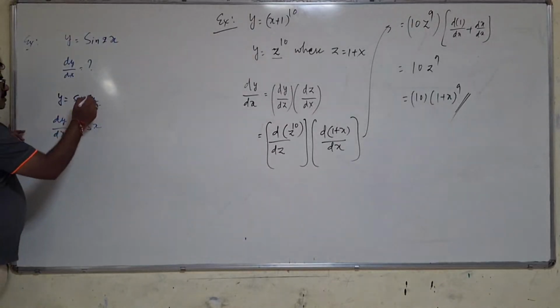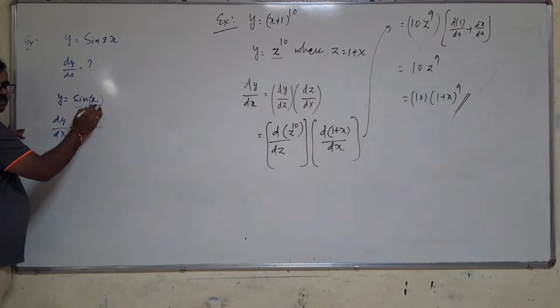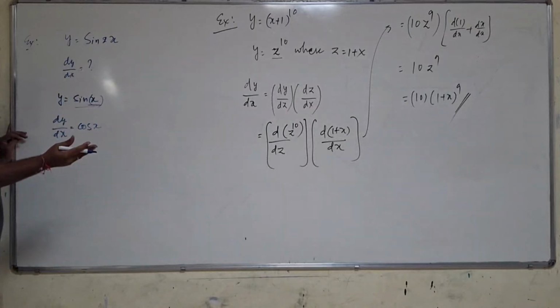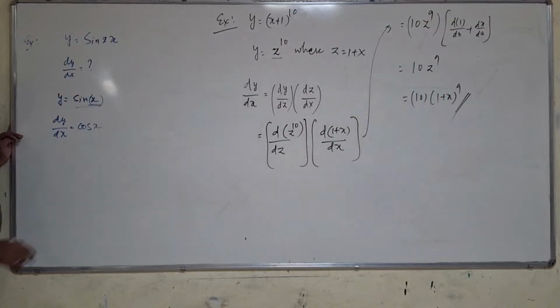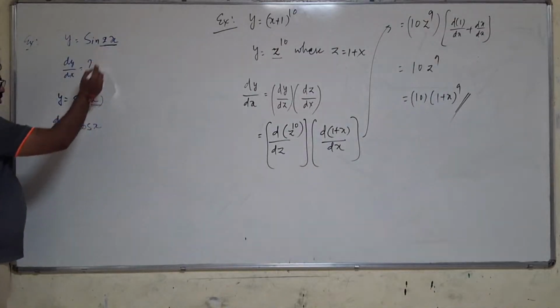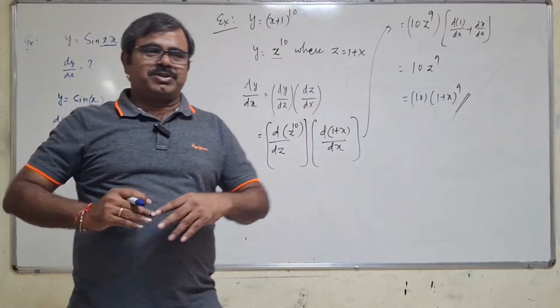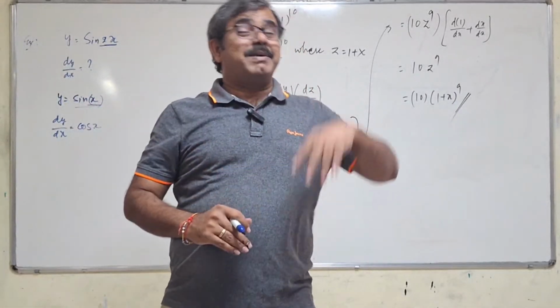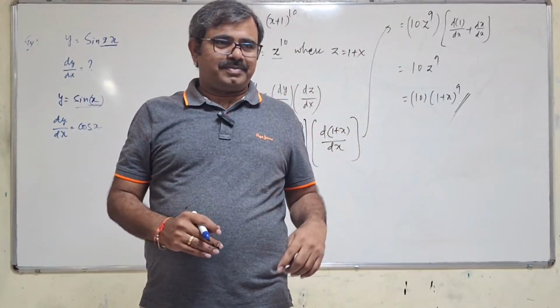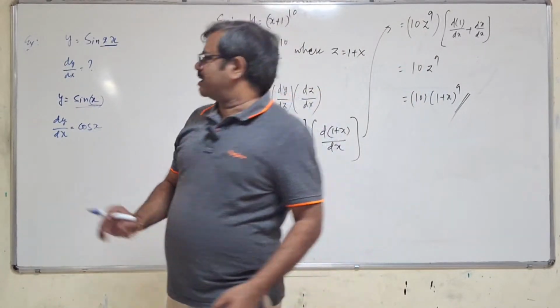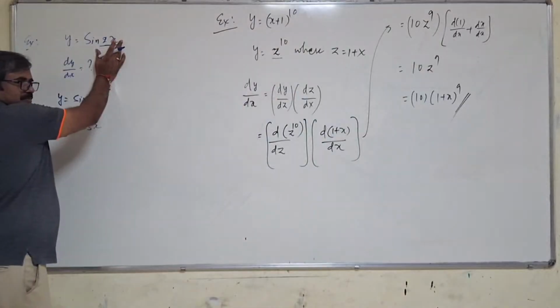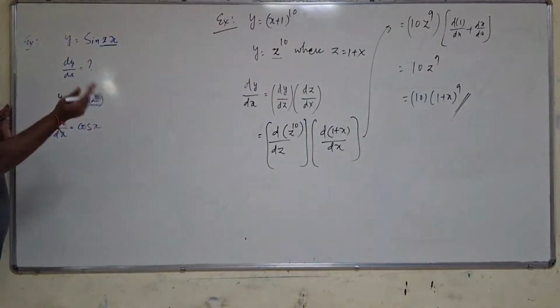But here y is not equal to sin x. It is sin of something else that depends on x. What is that something else here? 2x. Let's call it z or t, whatever.